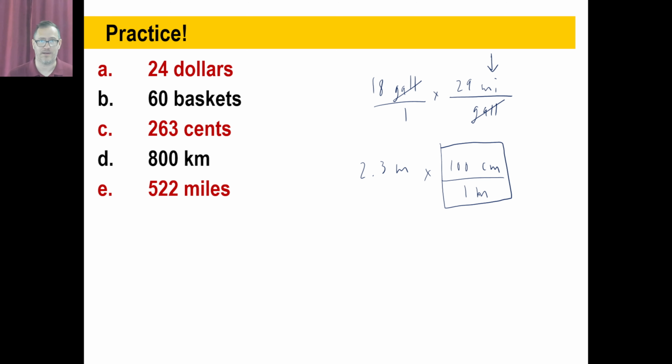Well, it's the same thing, right? In math, anytime you divide some number by itself, the answer is 1. Okay? So you're not really changing this at all. You're just changing the kind of unit that it is. The meters go away. You're just left with centimeters. Well, 2.3 times 100, I hope you just moved the decimal place over twice. If you didn't, naughty, naughty. Okay, centimeters is your answer.